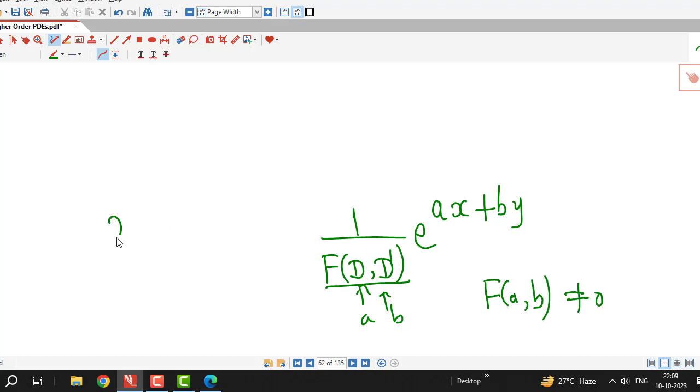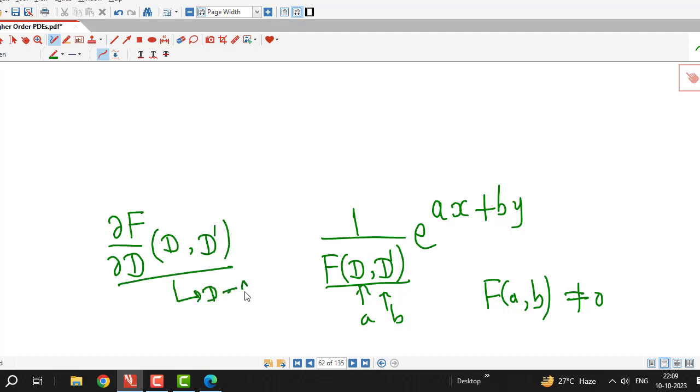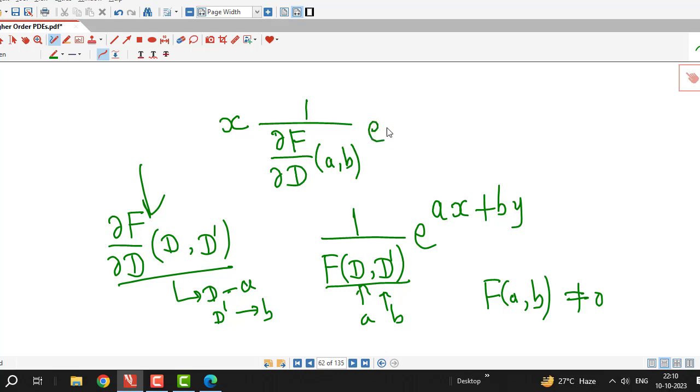If F of (a, b) is 0, then we differentiate capital F partially with respect to D, and again we replace D by a, D dash by b in this partial derivative, and if it is non-zero, then we multiply by x and we write down that non-zero value of the partial derivative and e raised to ax plus by. This is going to be the particular integral.